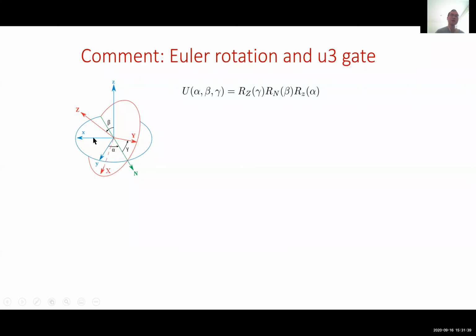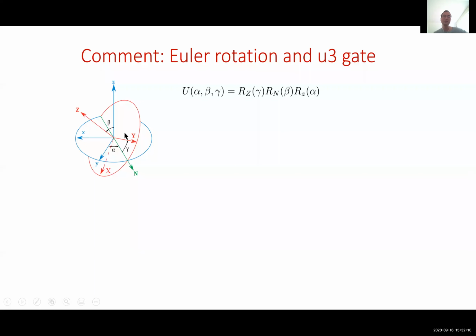But through a sequence of 3 rotations, you can bring the red axes to align with the blue axes. How many of you have seen this in your classical mechanics, or any other mathematics? Yeah, please raise hand. Okay, quite a few of you have seen this before.